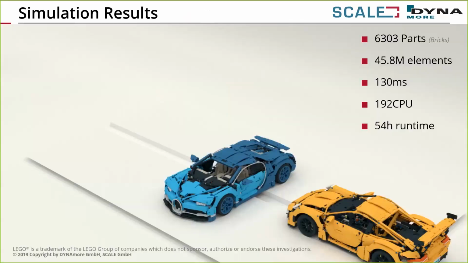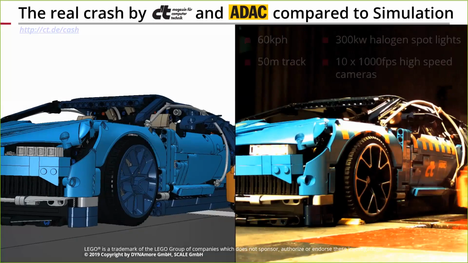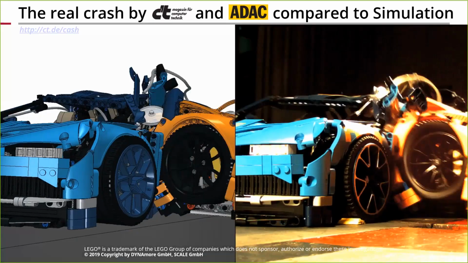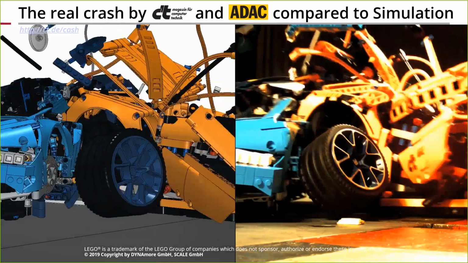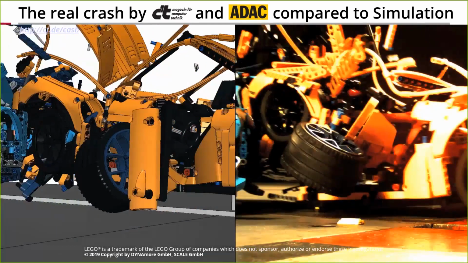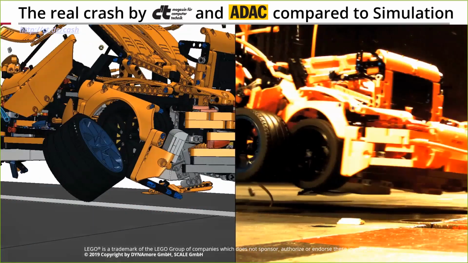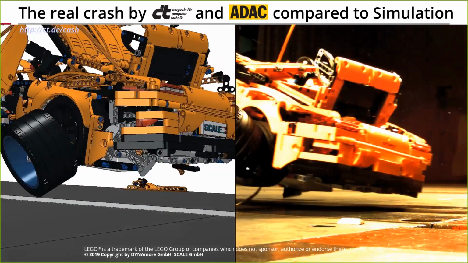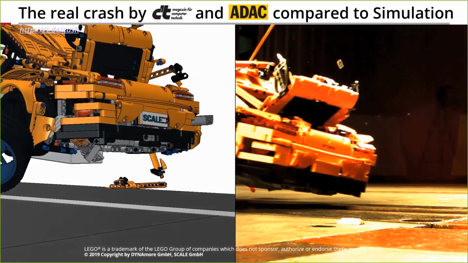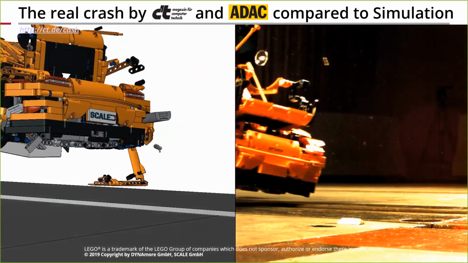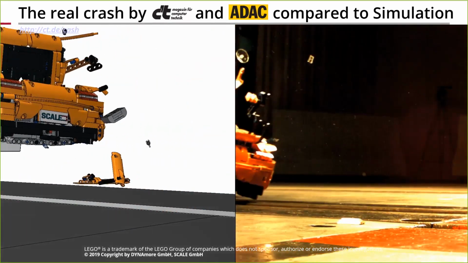And this was really impressive to me that this is also happening in the real test. And also other details were captured quite well by our simulation. And we were very happy that we got that close to the actual real test with our simulation.